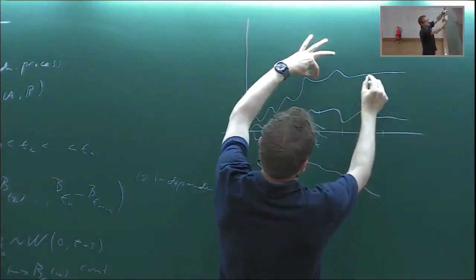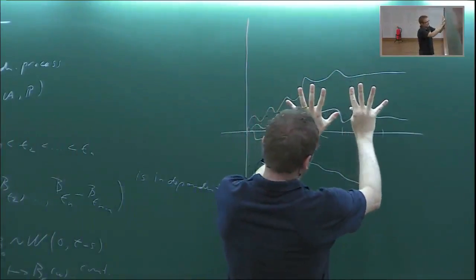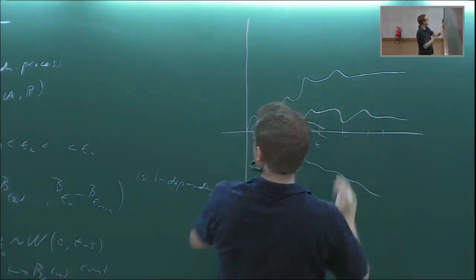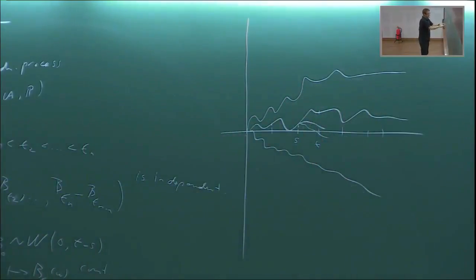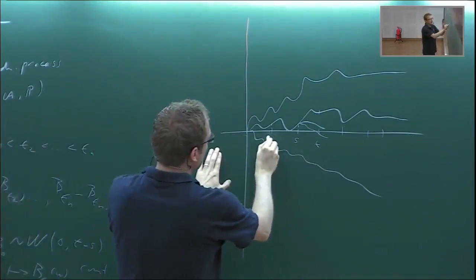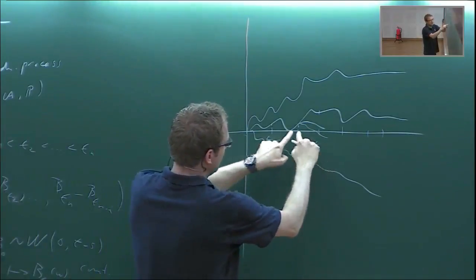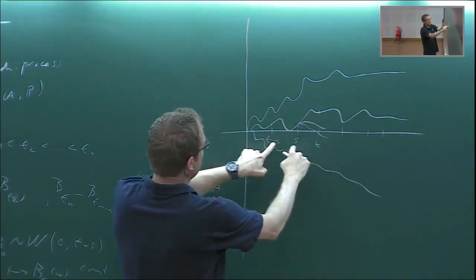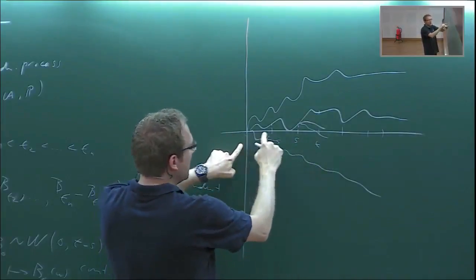Whatever partition you look at, the increments are independent. And if you look at an increment, you can always shift it to 0 and you have t minus s.